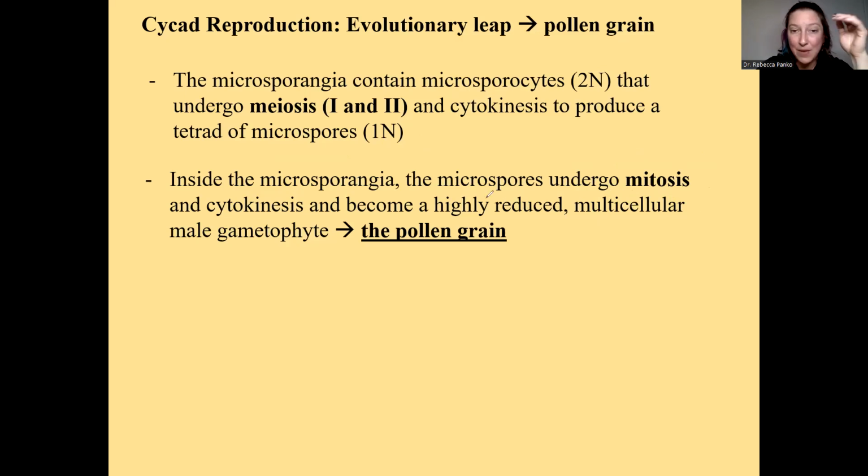And as that happens, each microspore is going to grow into what's called the pollen grain. And the pollen grain is now the very reduced male gametophyte plant. That's what the pollen grain is. How does that happen? Okay, let's go through it.